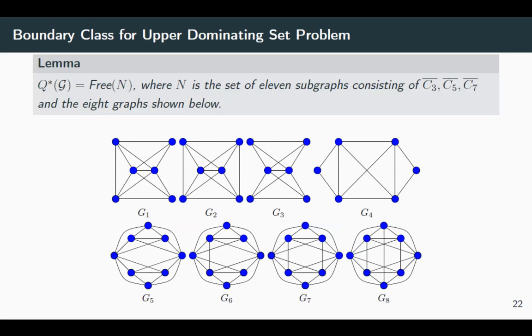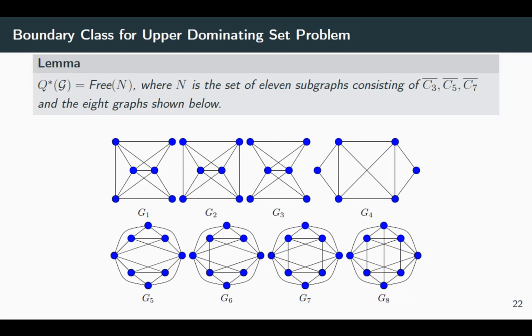Okay. So if calligraphic G is the class of all simple graphs, then we say that Q star of G is N-free, where N is a set of 11 subgraphs. This is our result. Three of them are the complement of C3, the complement of C5, and the complement of C7. That is the complement of the cycle of 3 vertices, of 5 vertices, and of 7 vertices.